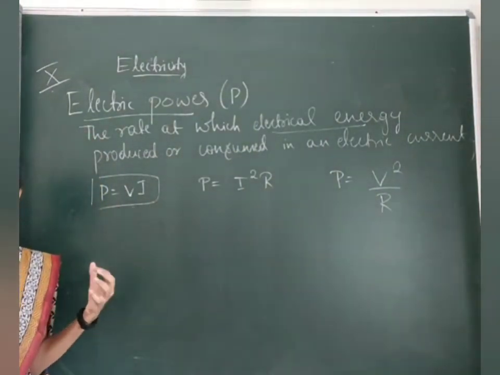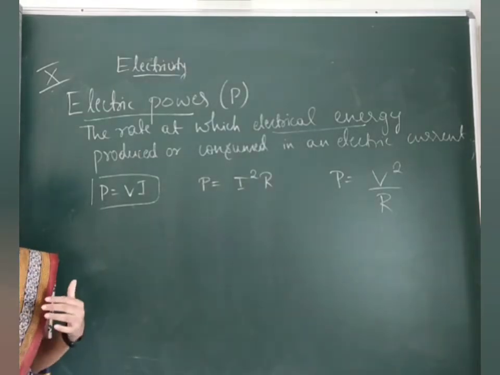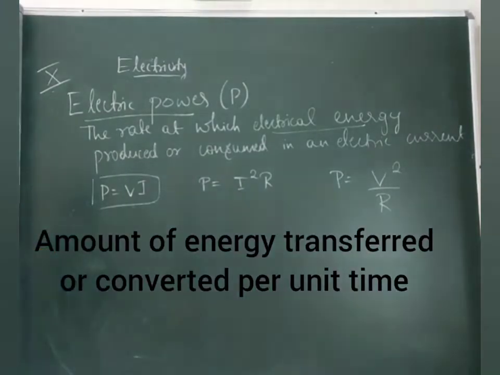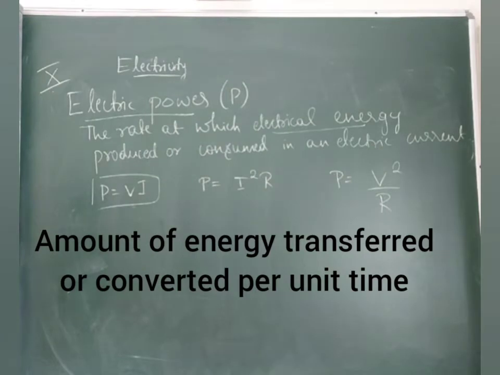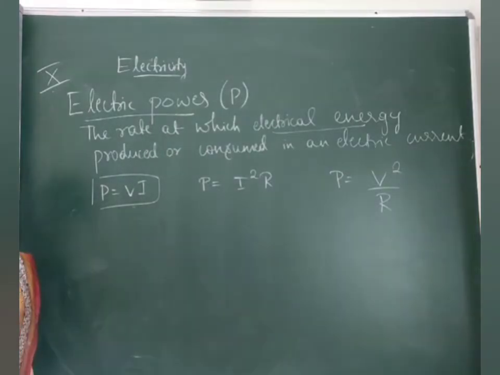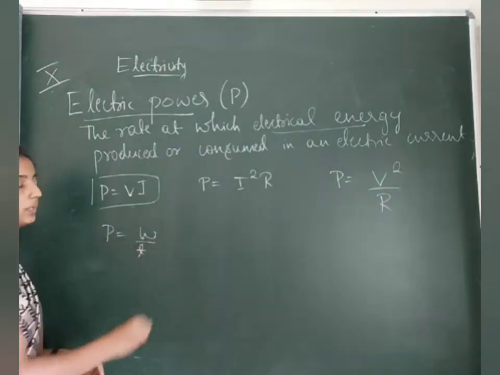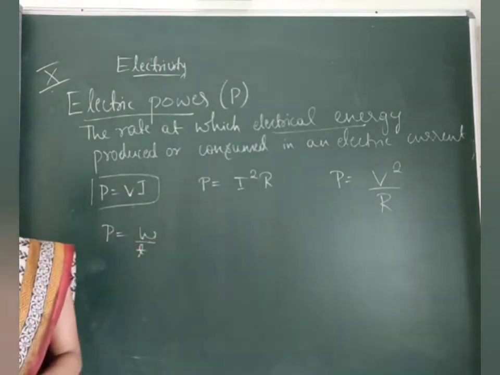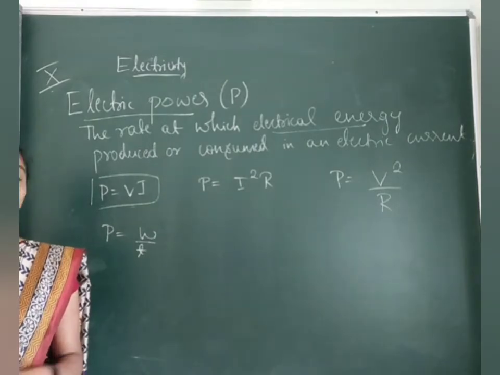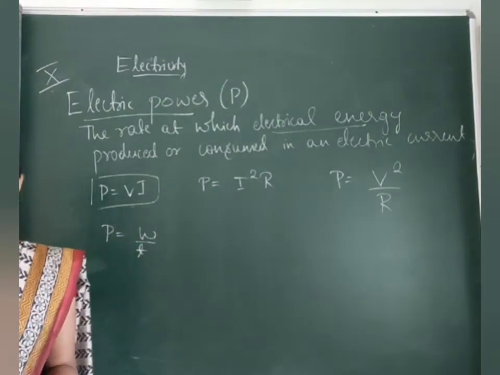For that we need the definition of power. The definition of a normal power is the amount of energy transferred or converted per unit time. That is what we learned, right? So the formula is P is equal to W by T. And we know what W is, that is work done.